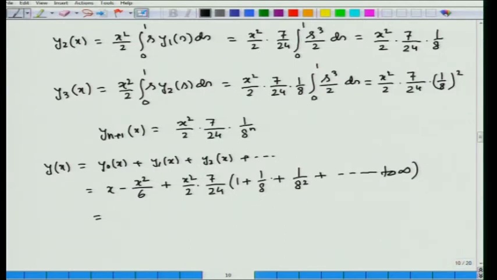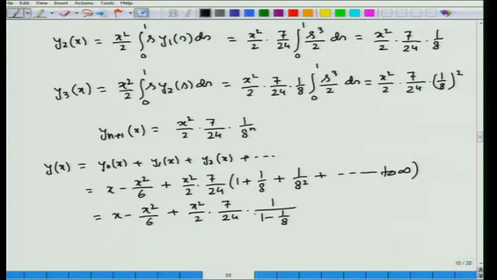So, common ratio r satisfies the condition modulus r less than 1, and if you calculate this sum and after some algebraic manipulations, you can easily find this is 7/24 times 1/(1 minus 1/8). So, this denominator will be 7/8.